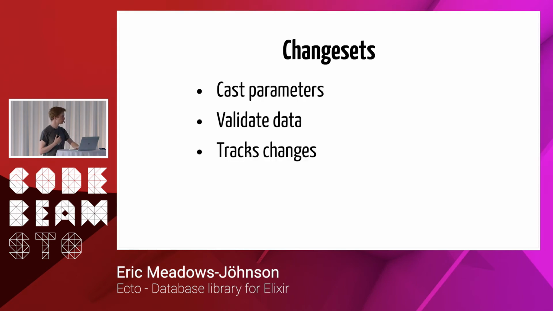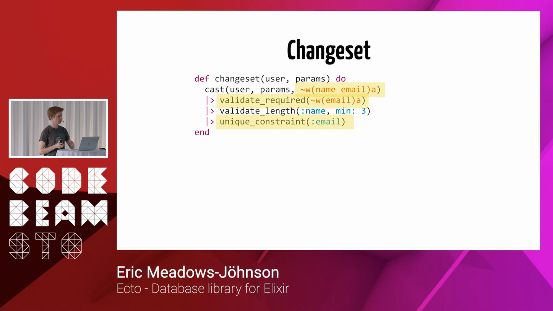All right, so on to changesets. Changesets are where we cast parameters, validate data, and track changes. So the changeset is a data structure which we start by doing a cast.